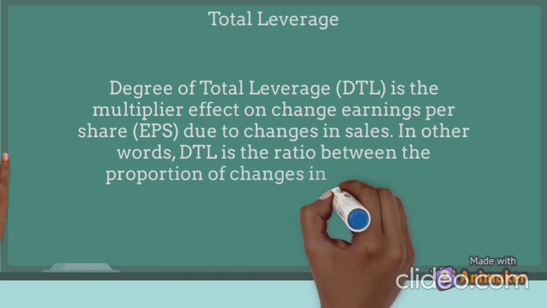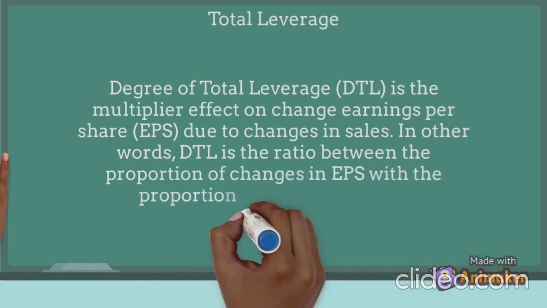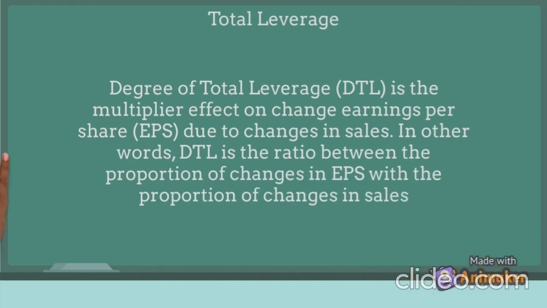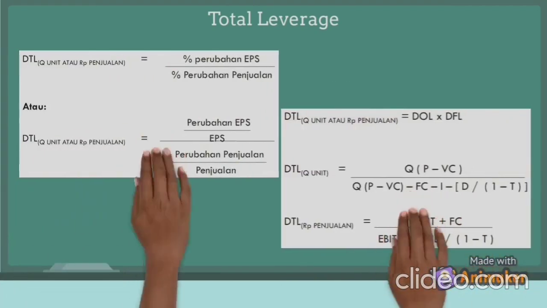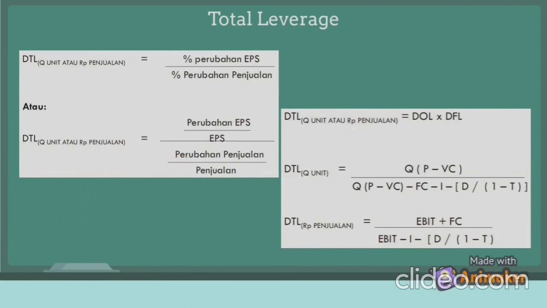In other words, DTL is the ratio between the proportion of changes in EPS and the proportion of changes in sales. These are the formulas. DTL equals percent of EPS change divided by percent of sales change, or DTL equals EPS change divided by EPS, divided by sales change divided by sales.